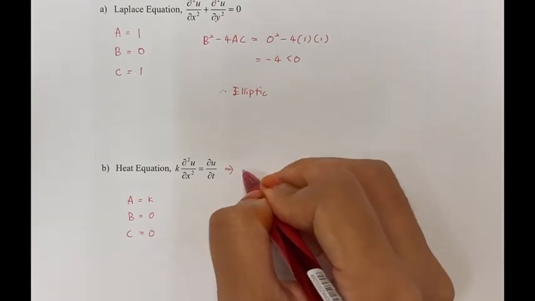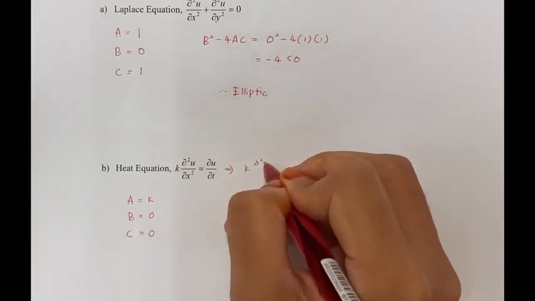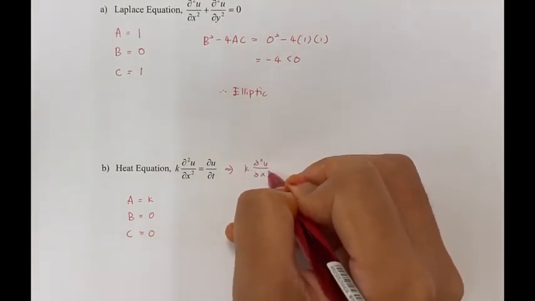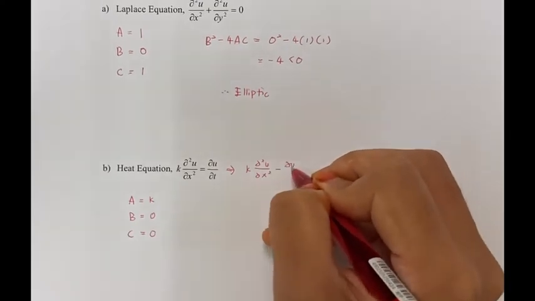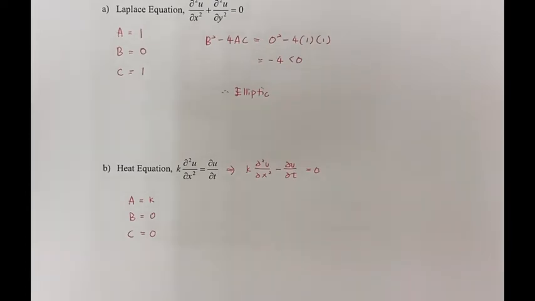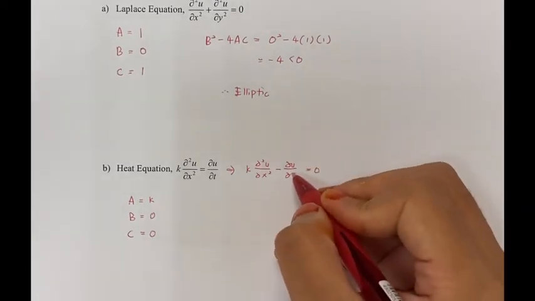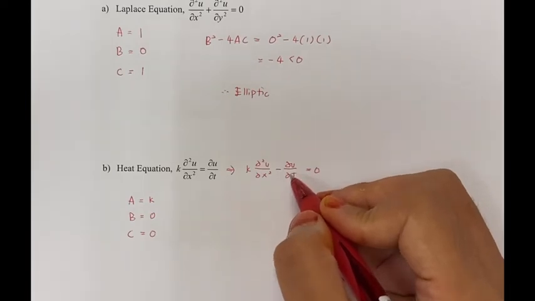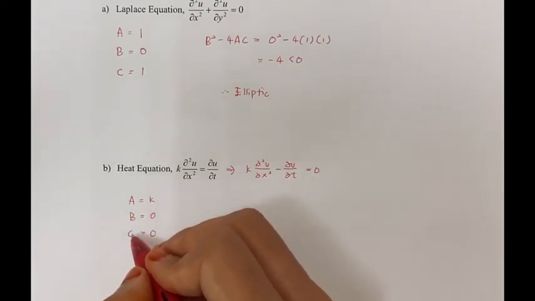So this is K del square U over del X square minus del U over del T equal to 0. For del U over del T, this is D, so we don't consider the D. We just have to find what A, B, and C are.